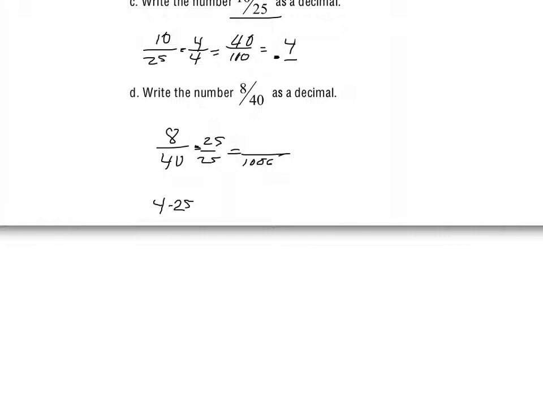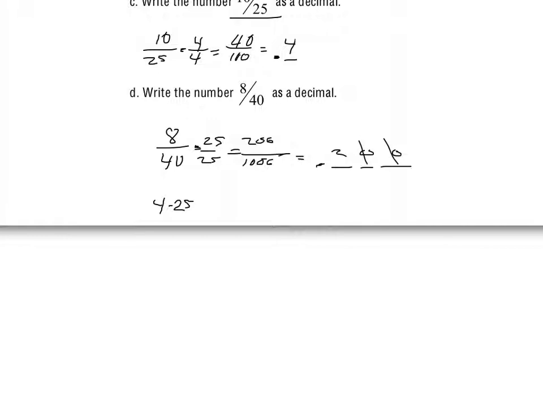Alright, and so I get 25 times 8 is going to be 200. So tenths, hundredths, thousandths this time, and I need 200, which looks like it's possible.